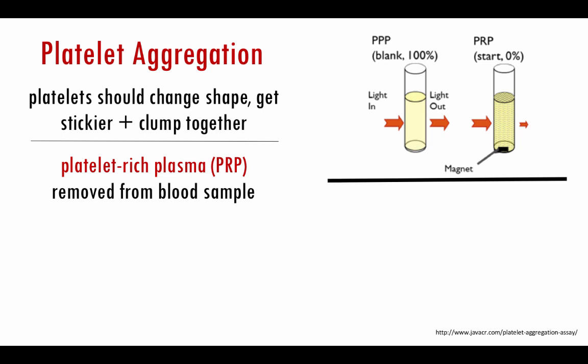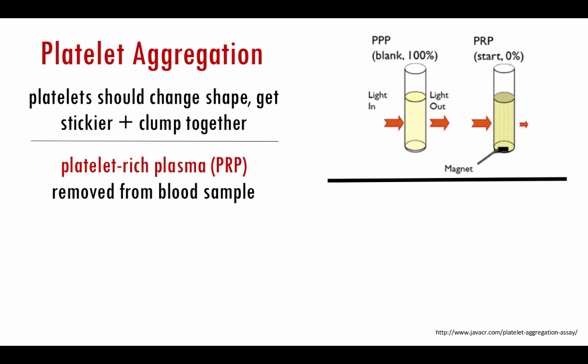We use the platelet-poor plasma to act as a blank: how much light goes through plasma when there are zero platelets. Then with platelet-rich plasma, we check to see how much light is going through. You can see those little orange arrows: on the left of the PRP it's bigger, and on the right it's smaller, showing that there are so many particles in the solution that as the light flows through, it's getting hit and not transmitting all the way across.